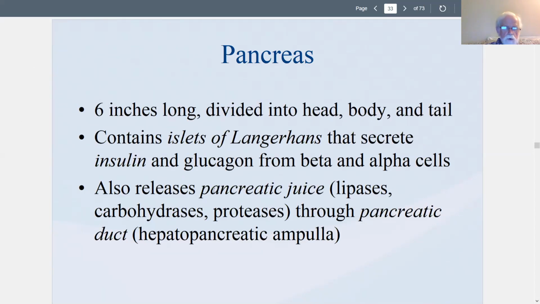It also releases pancreatic enzyme mixtures, lipases. These dissolve fats, carbohydrates, which help metabolize carbohydrates, and proteases, which help metabolize protein through the pancreatic duct.